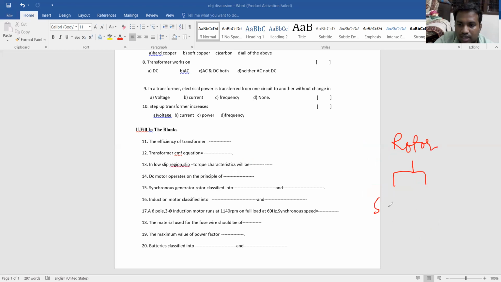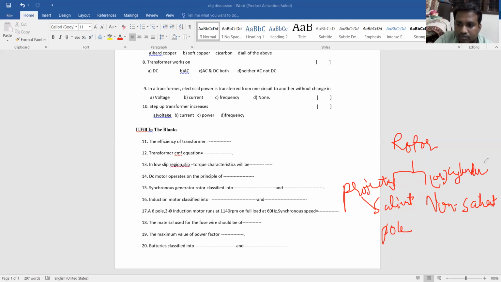One is salient pole, another one is non-salient pole, or otherwise you can write projecting type. Any one you can write, either projecting, or for non-salient you can write cylindrical type rotor. So both answers are valid, cylindrical type.